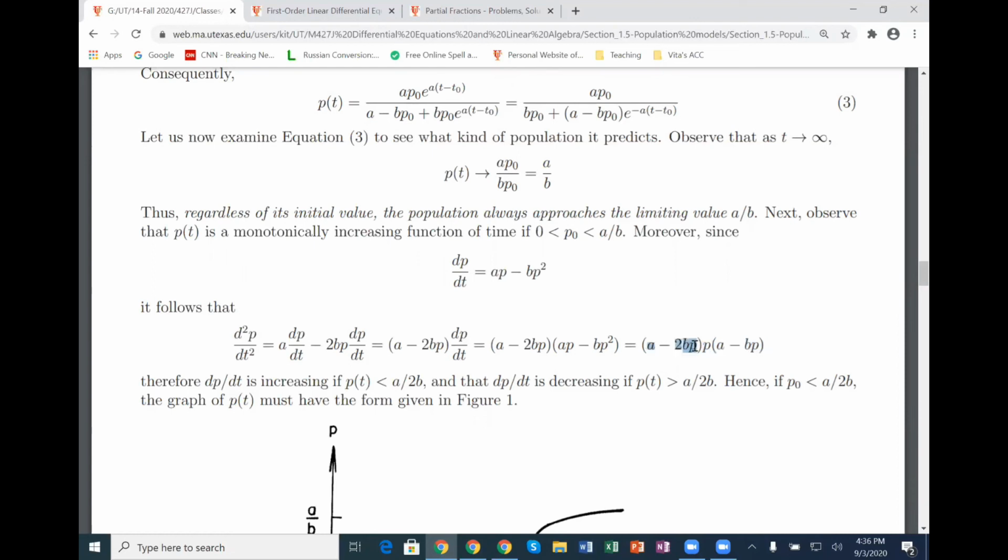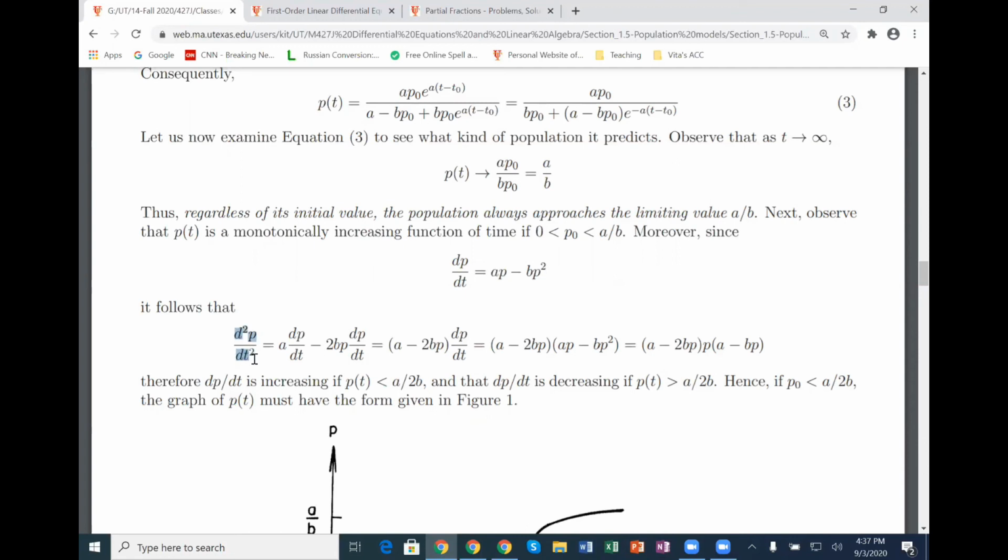However, for this portion, there are two possibilities. If P is lesser than A over 2B, this is positive, which means the second derivative of our function is positive if P is lesser than A over 2B.